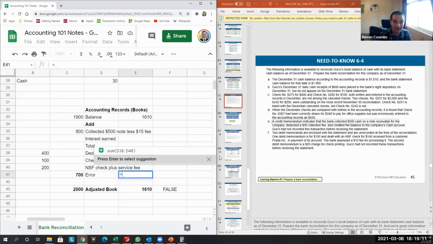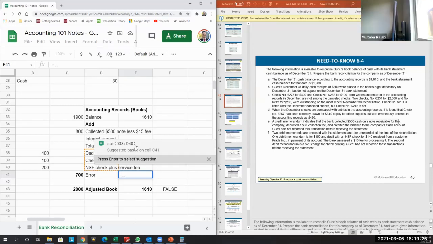So do we add that back to our bank or subtract it? Add it to our records or subtract it? Subtract. Why?